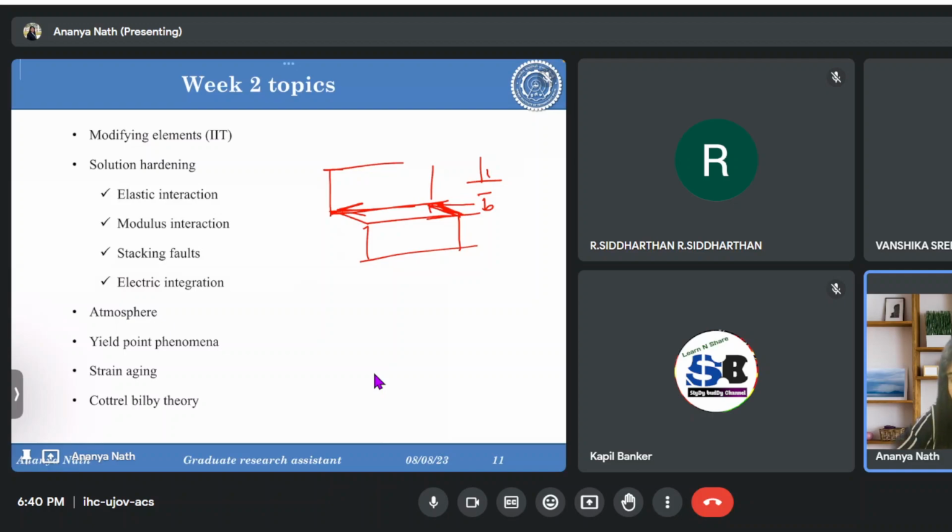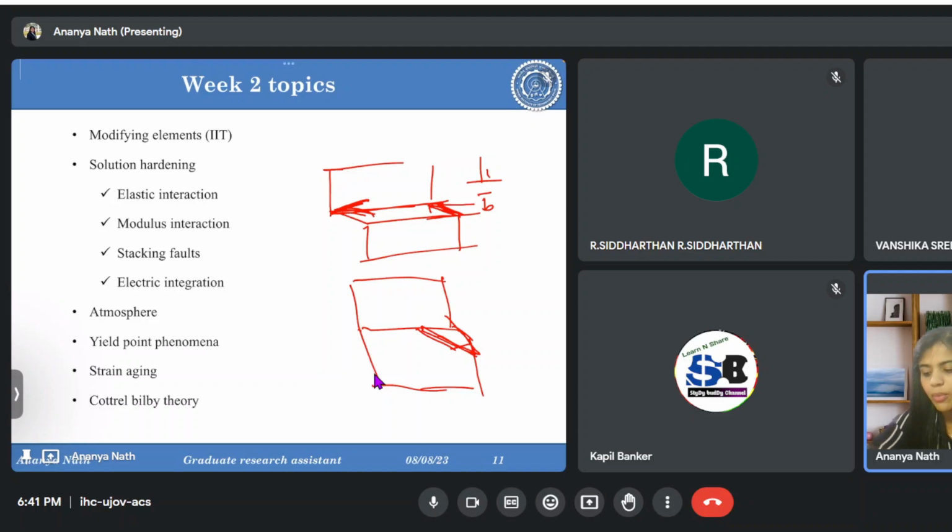Burgers vector is defining how the dislocations will move through the slip, how they will interfere, and what type of dislocation will take place. Because for edge dislocation this will be the direction for slip, but for screw dislocation, I cannot draw the screw dislocation, but it's something like there will be an extra plane or extra portion through which, via a helical or spiral path, the dislocation may take place.